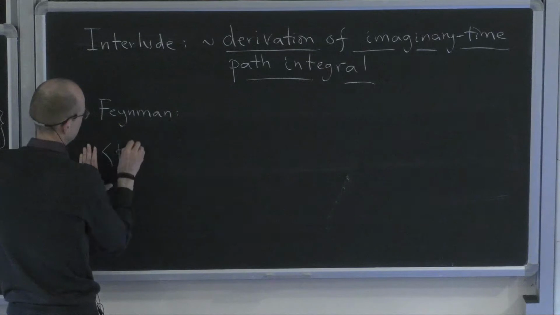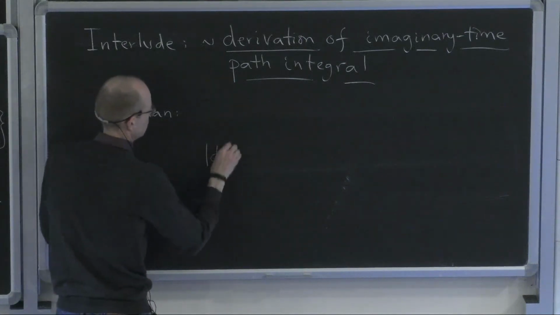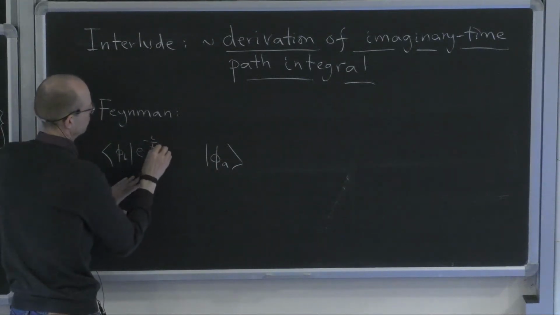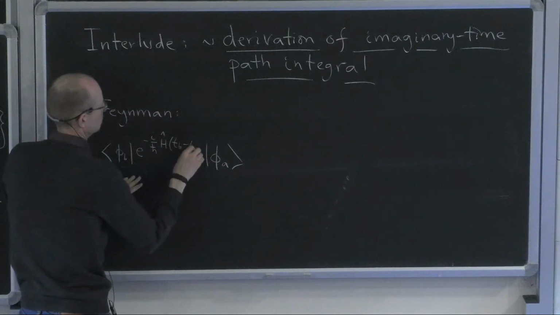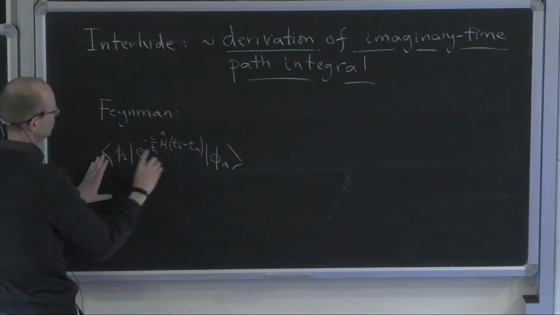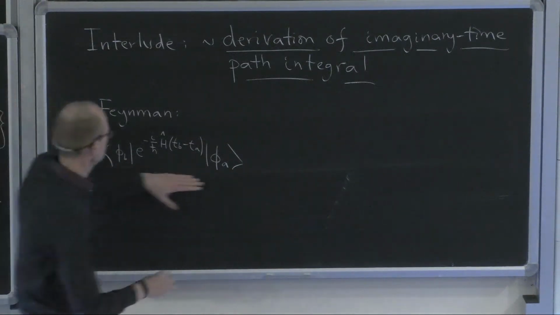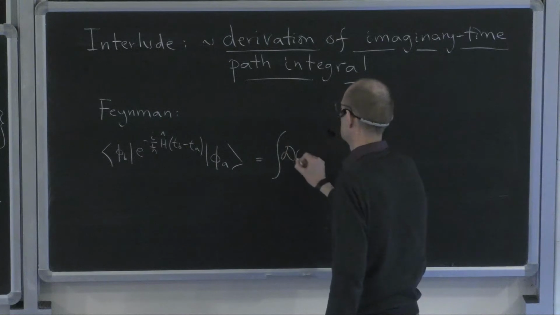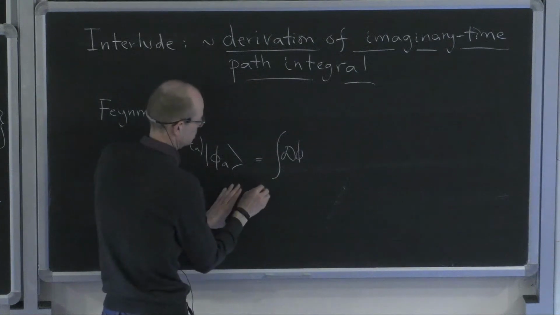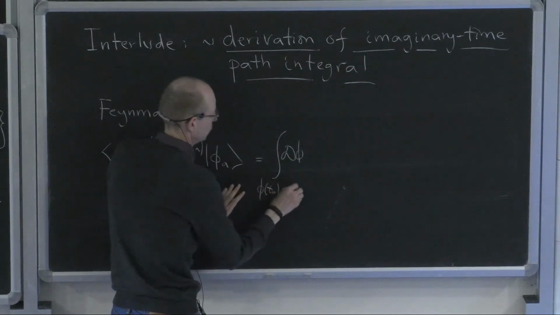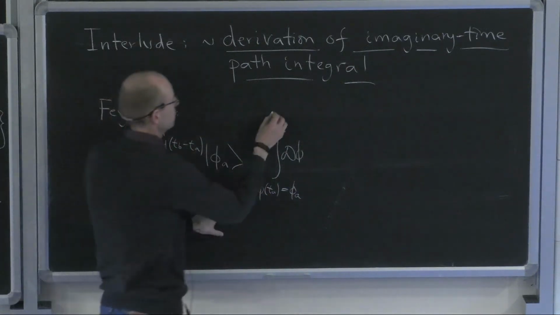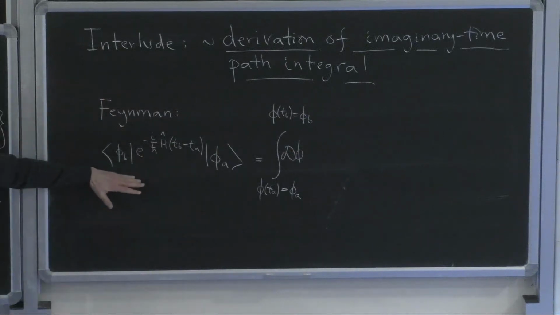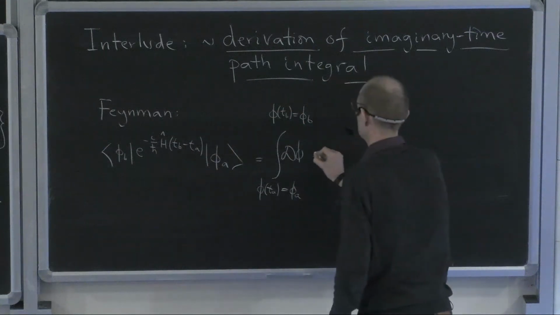If we have some initial field, and then we evolve in time with the Hamiltonian from time ta to time tb, and then we project on some other field, then this quantum mechanical amplitude can be expressed as a path integral, where the initial value is the initial value here, and the final field is the constraint that we have here, but otherwise we integrate over all possible fields.